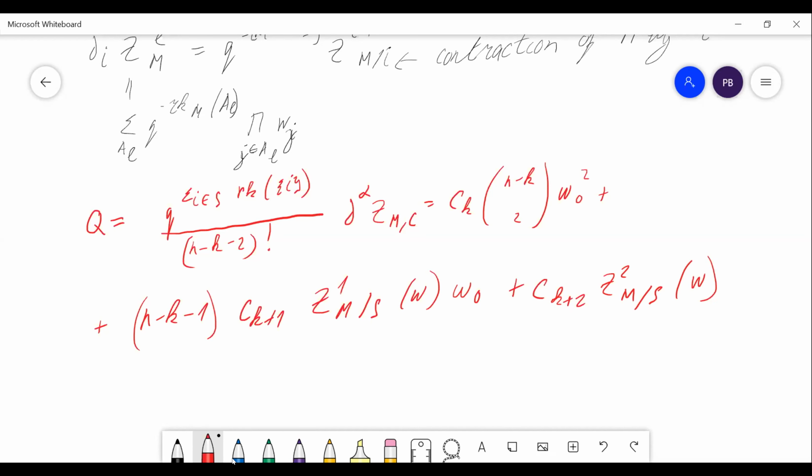Right, and just to make sure. So S is a k-element subset, the one we fixed at the beginning of the proof. And this is the contraction. Everything else is just formulas that we've already seen.